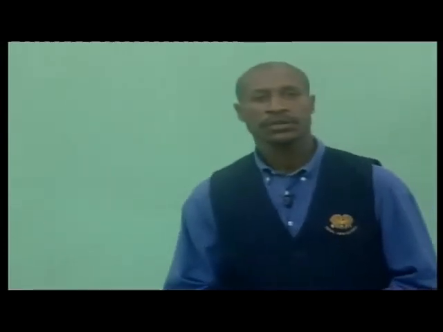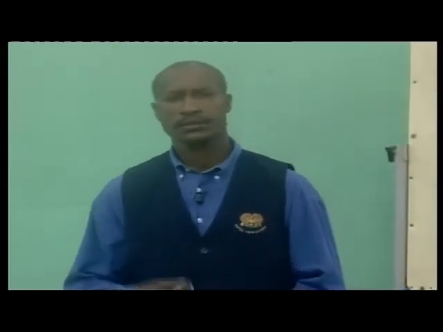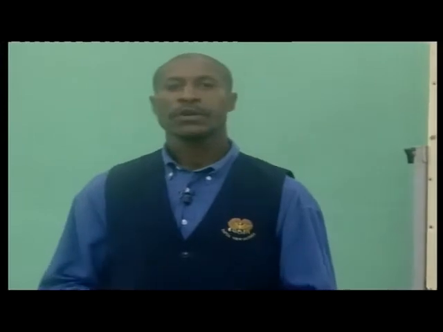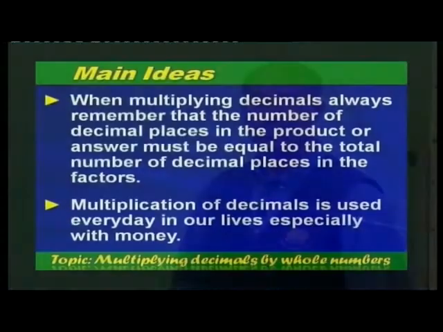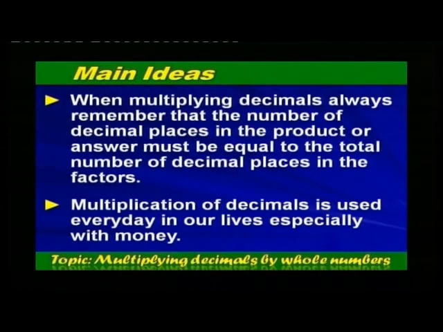Now, before we go to the main activity, I would like us to go through some main points that you should remember when you are multiplying decimals with whole numbers. Okay, class, the first point.